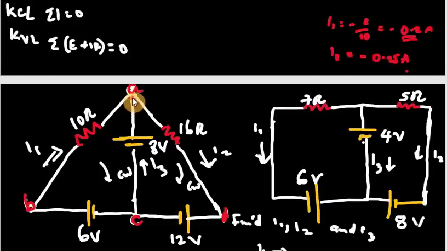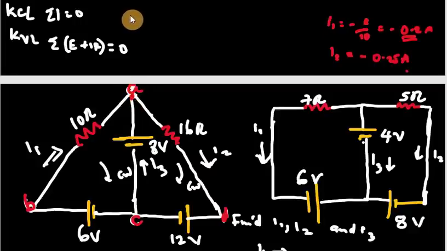This is a junction. You notice I1 is entering the junction. I3 is entering the junction, and I2 is leaving this junction. So this is what helps us find the application of Kirchhoff's current law in this circuit.